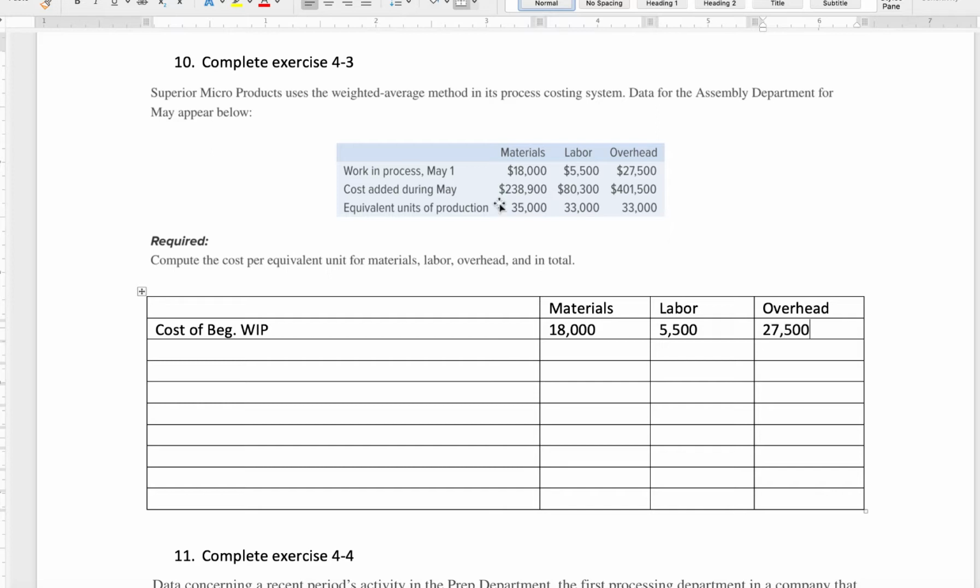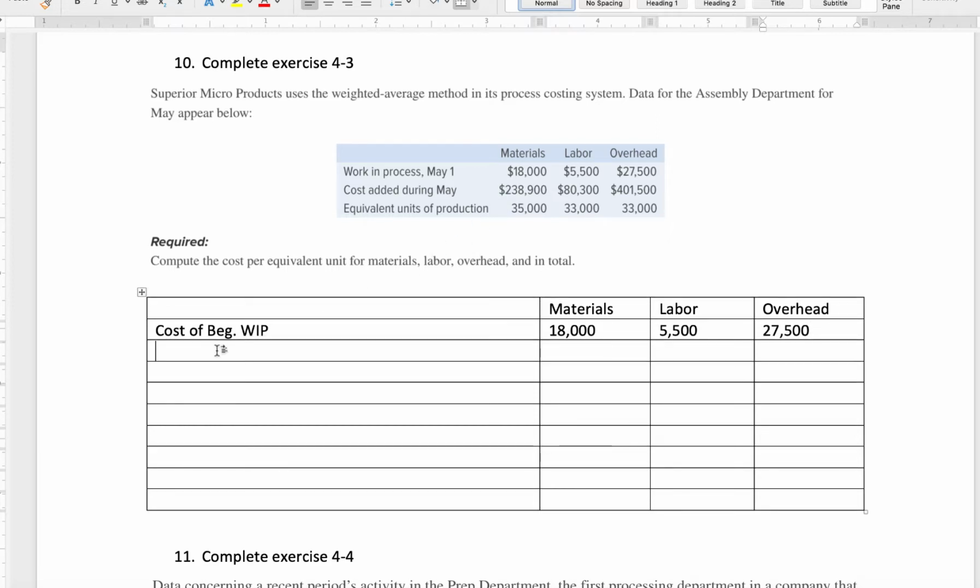So again, step 2, calculate the cost per equivalent unit, okay? Part 1, get your costs of beginning WIP, right? They have to give them to us. They did, okay? Part 2, include the costs that were added during the period.